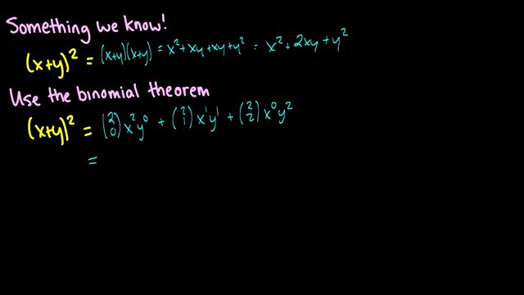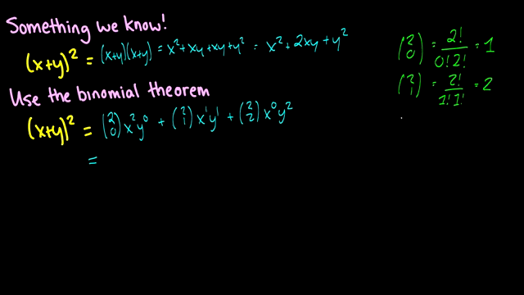Now I'm going to write this on the side, and we're going to do all three at once. 2 choose 0 is 2 factorial over 0 factorial times 2 factorial, which is just 1. 2 choose 1 is 2 factorial over 1 factorial times 1 factorial, which is 2, and 2 choose 2 is 2 factorial over 0 factorial times 2 factorial, which is 1.